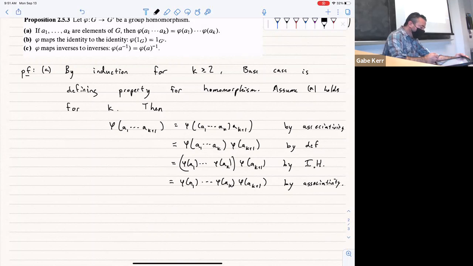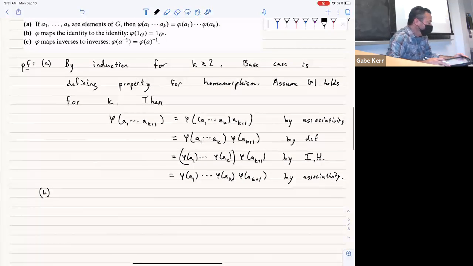So for B, let's do B too and we'll feel good about ourselves. What do people think for B? Let's say that the identity goes to the identity.